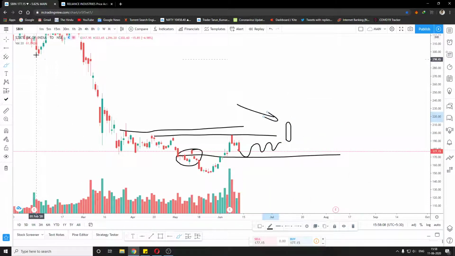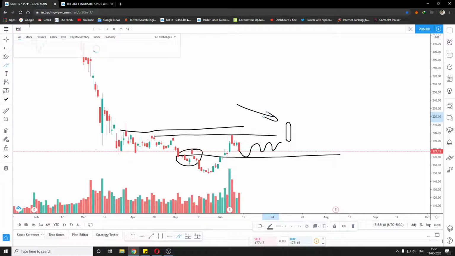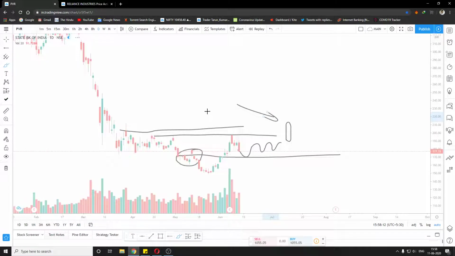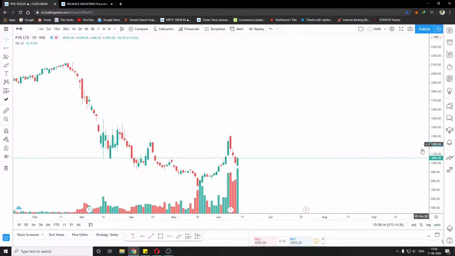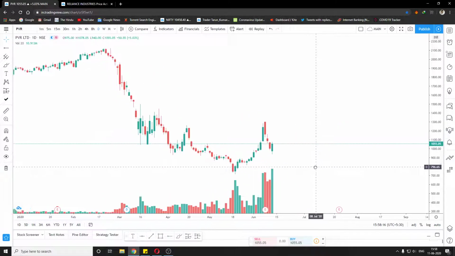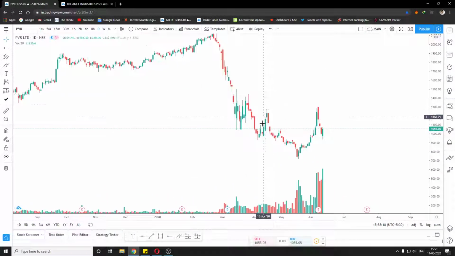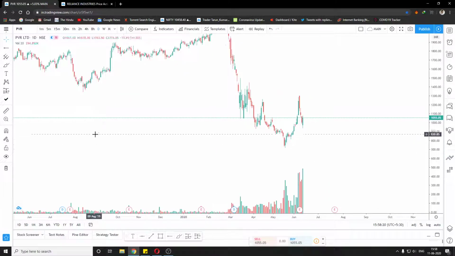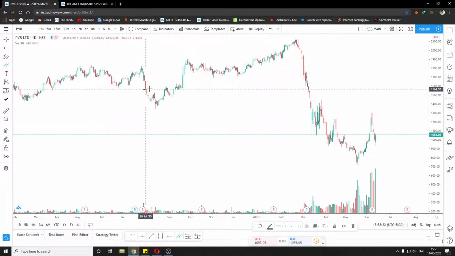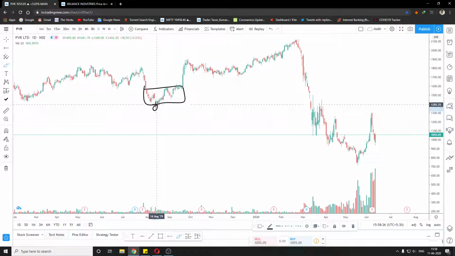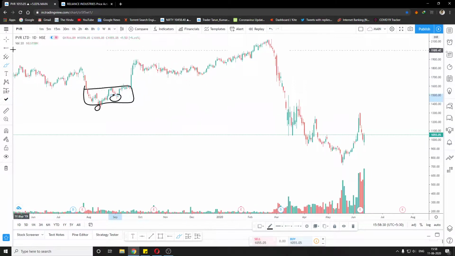Then we have PVR. Okay, this is interesting. This is another small range, as you can see, with lower wicks, and here another one. So this is an example.